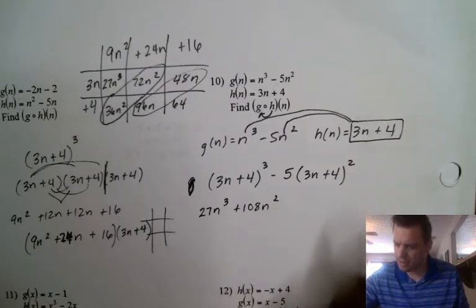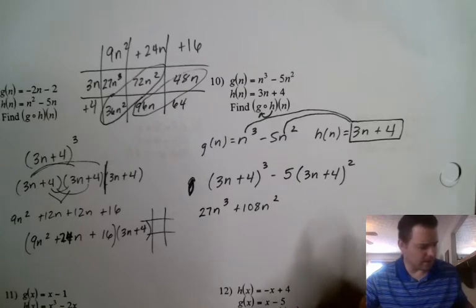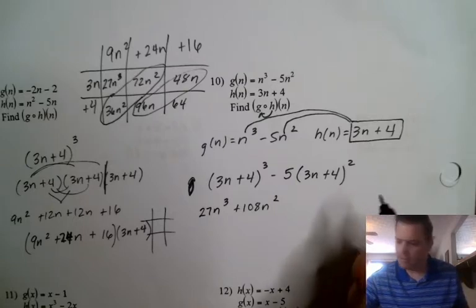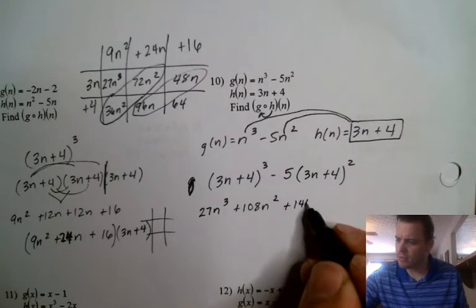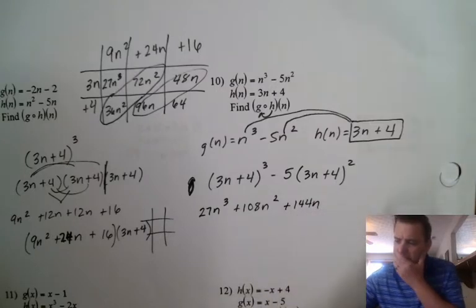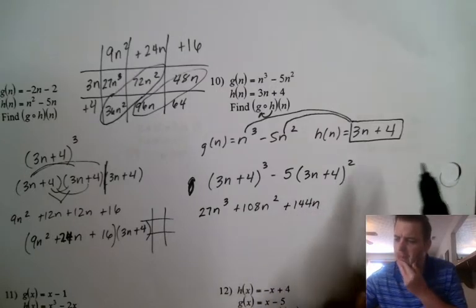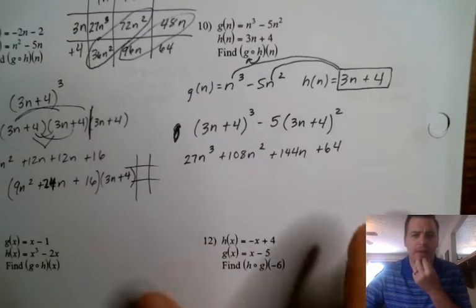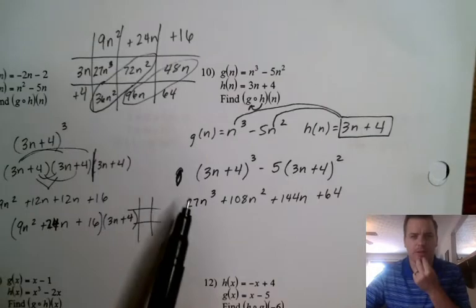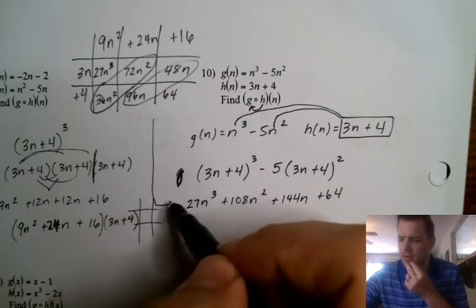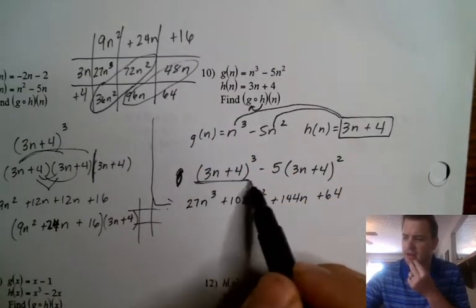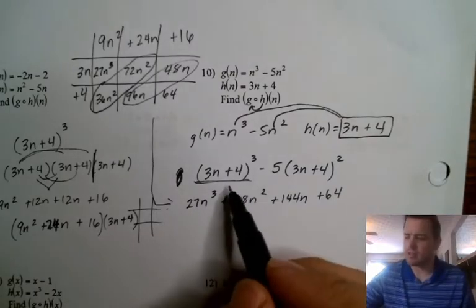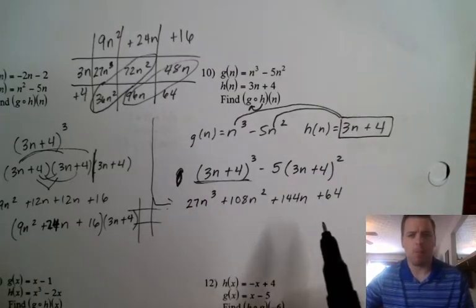And then 96 plus 48 is 144, plus 144n. And then plus 64. So what we just got, going from here to here, is just this right here. That just represents that right there, okay?